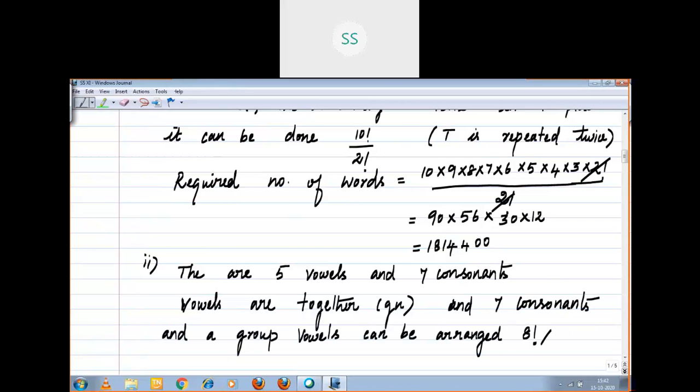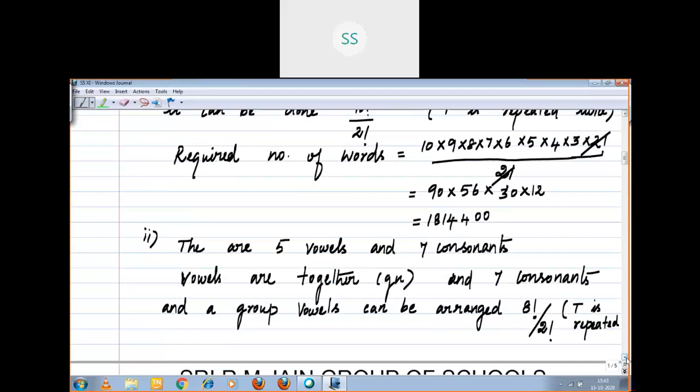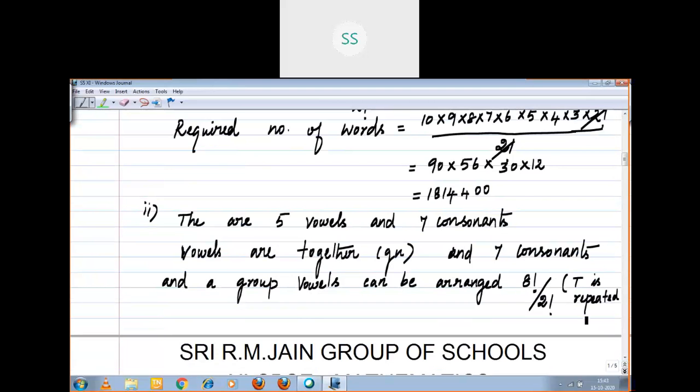Single unit means 1 plus 7. It can be arranged in 8 factorial divided by 2 factorial. Here also T is repeated twice. Got it, children?